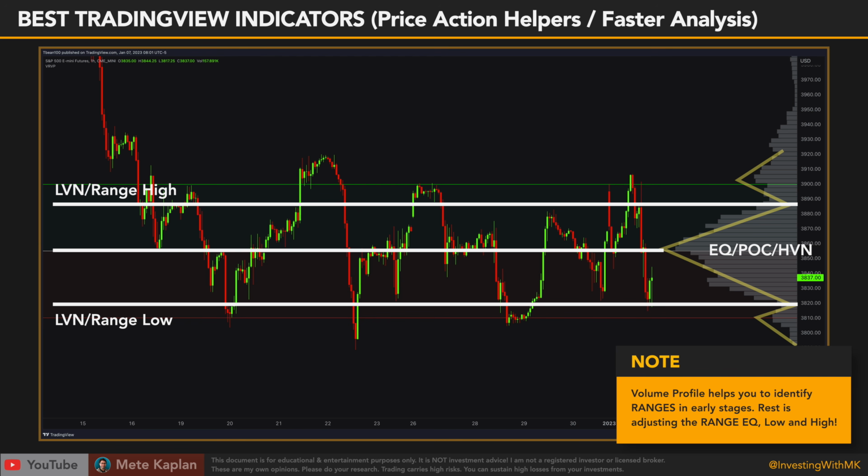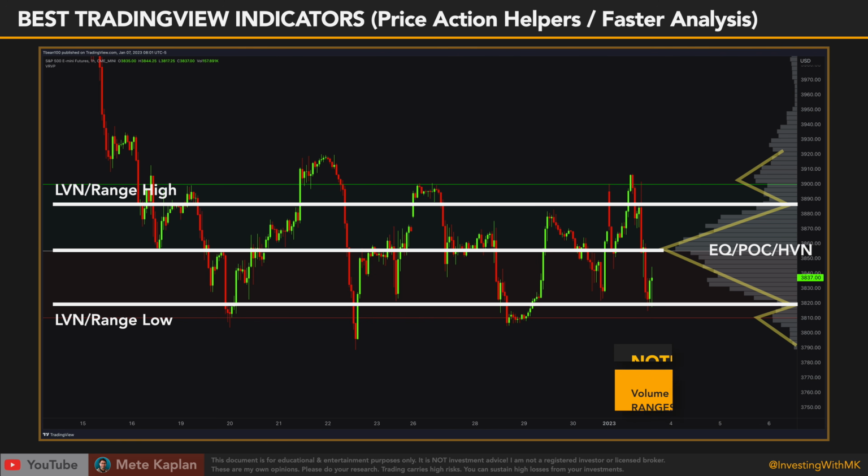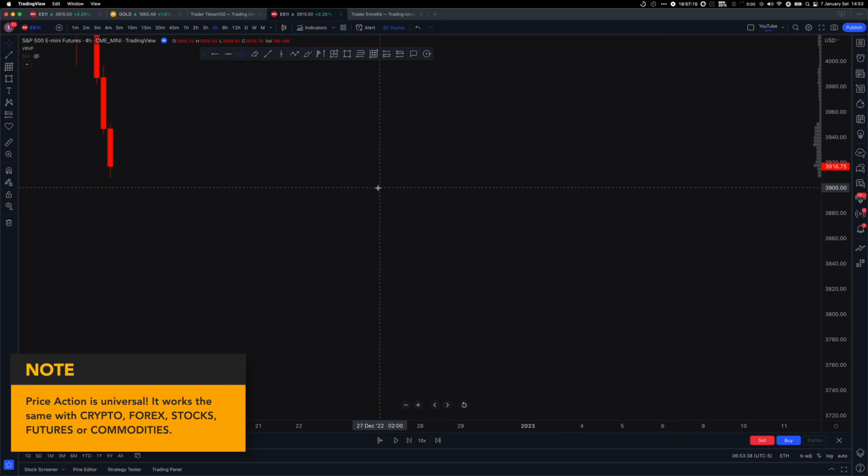However, it is not 100% accurate, but it gives you rough estimates of where the EQ, range high, and range low zones are. The rest is up to you to identify the perfect range. You just need to adjust the range due to our range rules. Quite simple and straightforward. Now, I will analyze the charts first and make a stop to explain what is what.